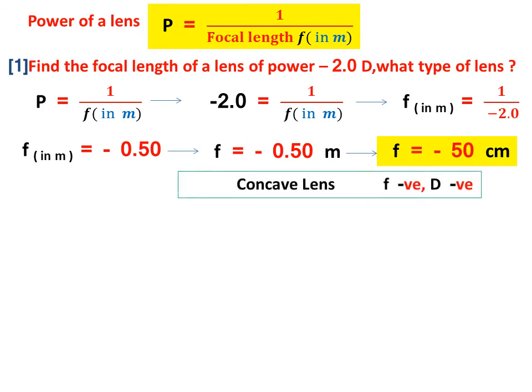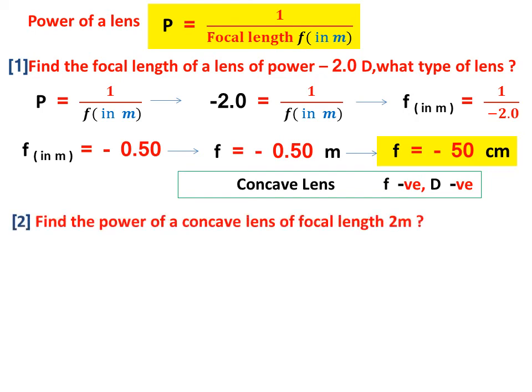The conclusion is that it is a concave lens because focal length is negative and the power of the lens is also negative.